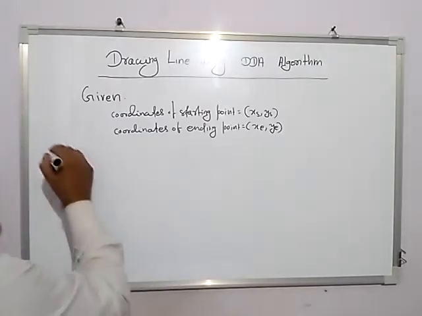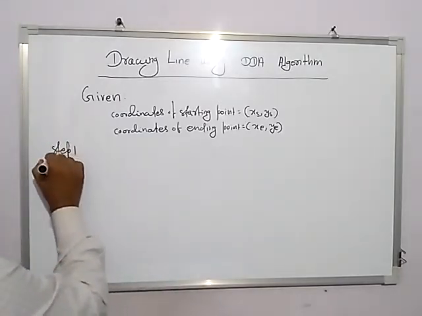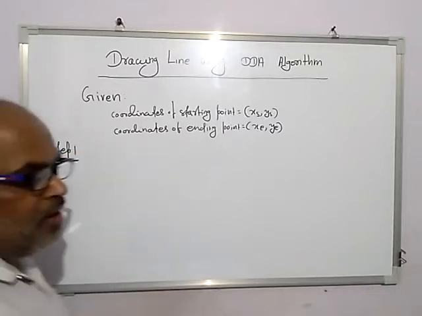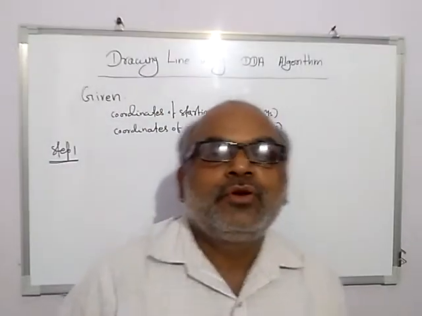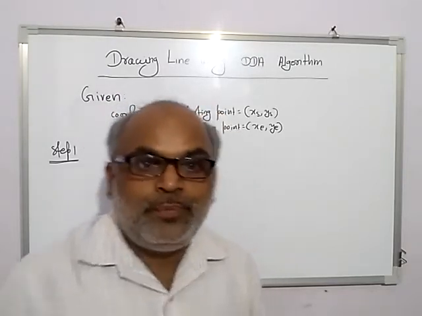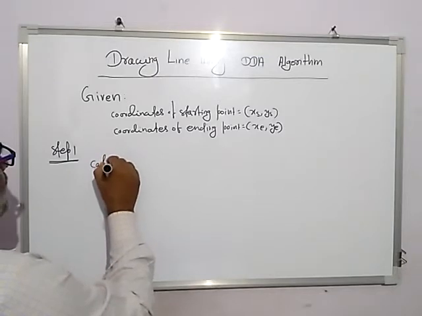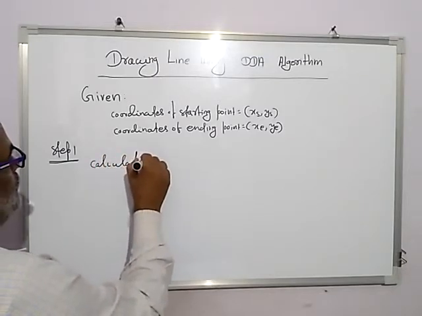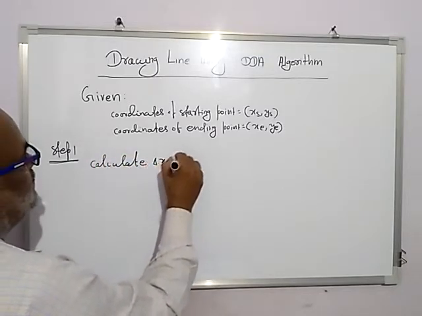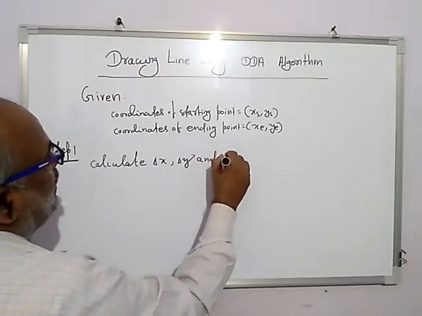Step 1. In step 1, you have to find delta x, delta y and the slope m. So step 1, calculate delta x, delta y and m.